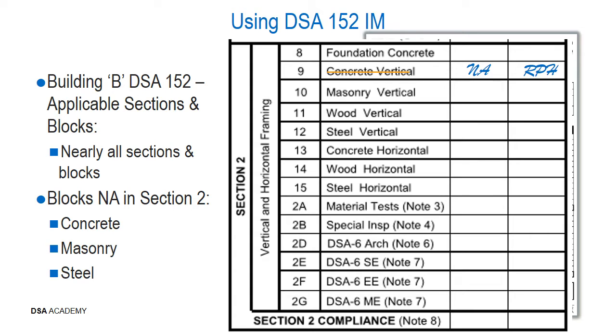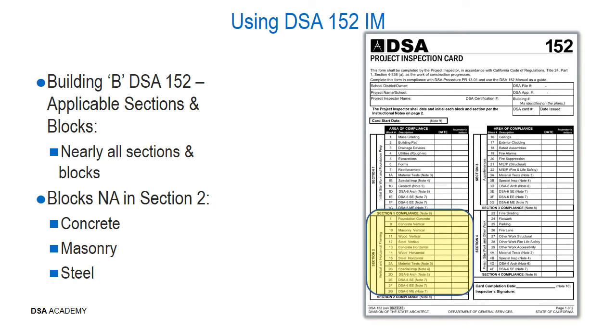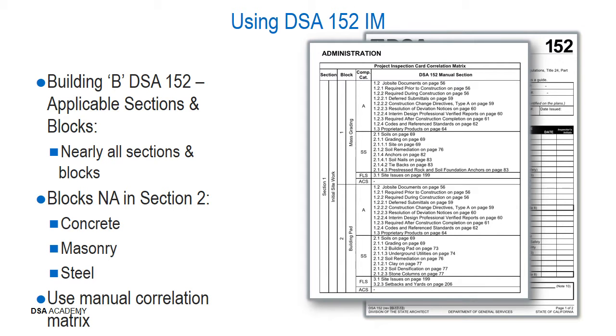And you would just put the NA and your initials. While I'm lining out these items, you would not need to do that. That's just for visual preference to help show in this example to line out those particular items that would not apply for that building B, which is again that new construction with light wood frame. Again, you would use the manual correlation matrix.